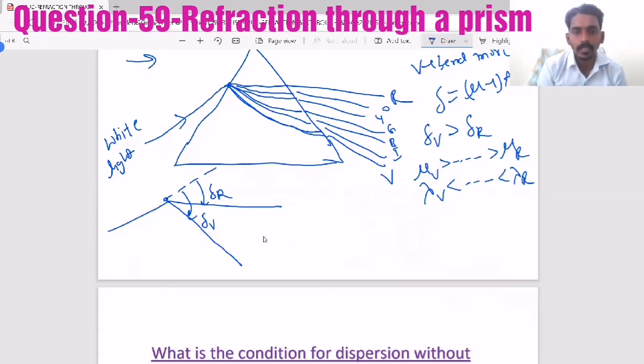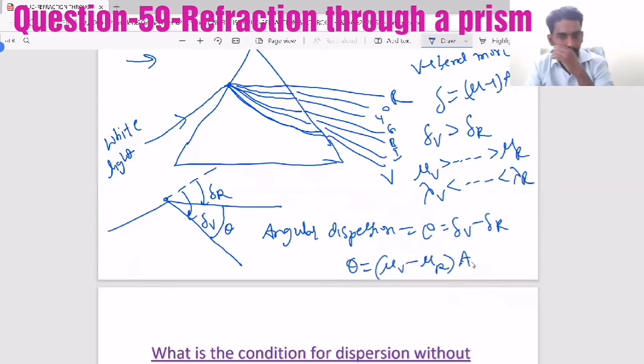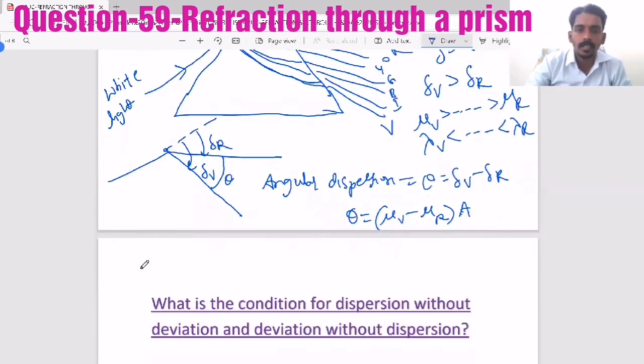Angular dispersion means the angular separation between the violet and red light. That is nothing but delta V minus delta R. So the formula will become (mu V minus mu R) times A. This is the angular dispersion formula.